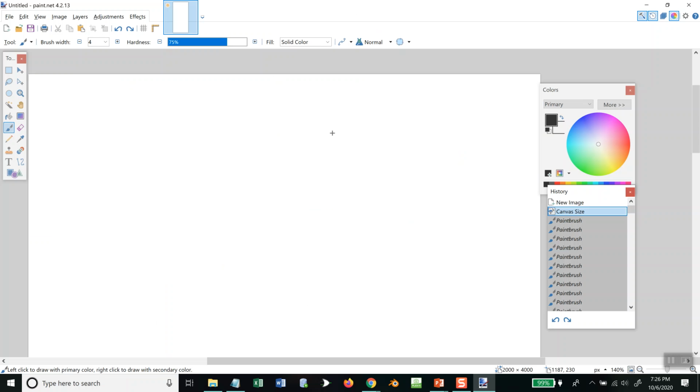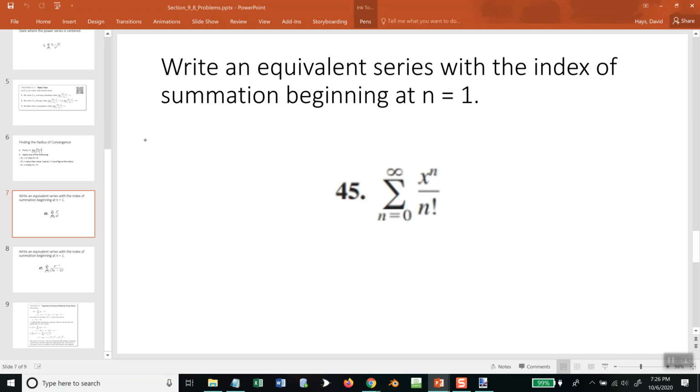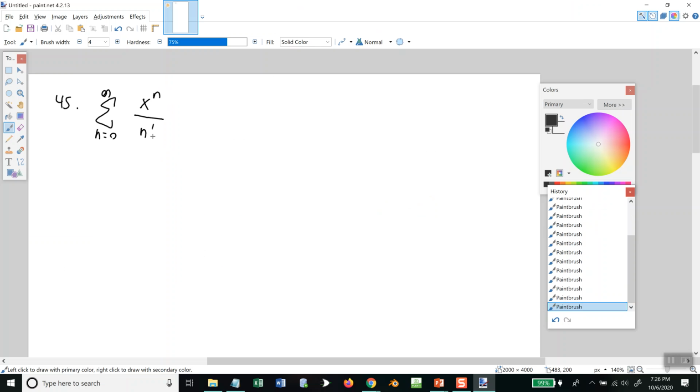Okay, 45. The sum from n equals 0 to infinity of x to the n over n factorial. And the goal is we want it to be n equals 1 to infinity. We talked about that last time, how some of them weren't quite starting at the right value according to the formula. Well, this goal here is to rewrite it.